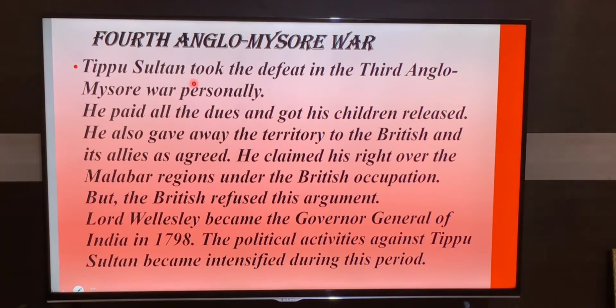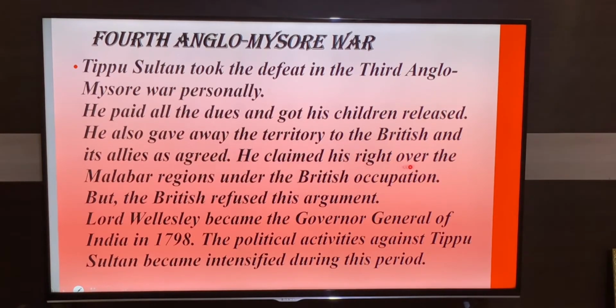Tipu Sultan took the defeat in the Third Anglo-Mysore War personally. He paid all the dues and got his children released. He also gave away the territory to the British and its allies as agreed.